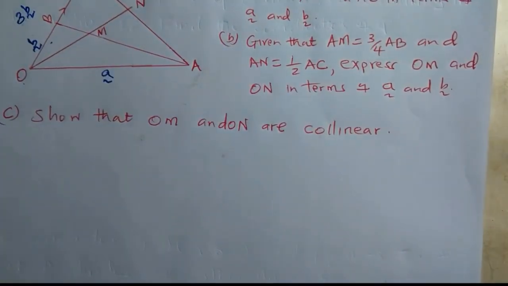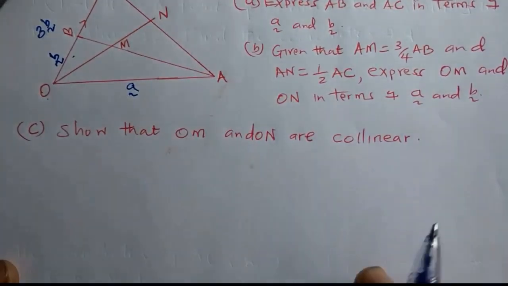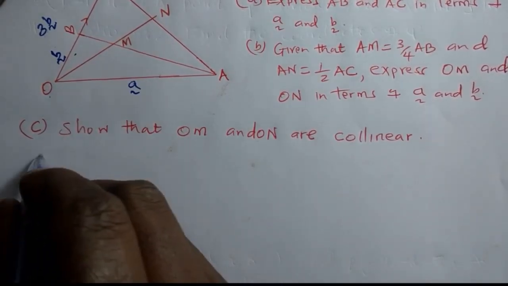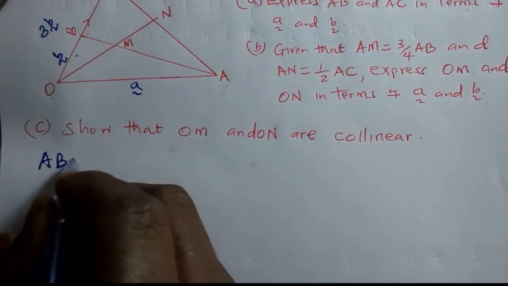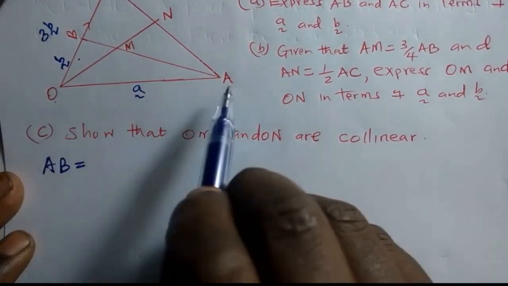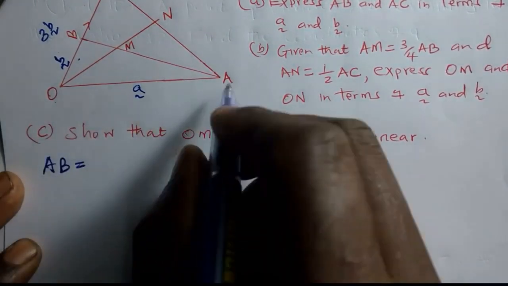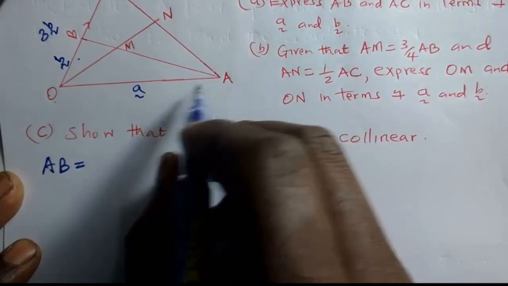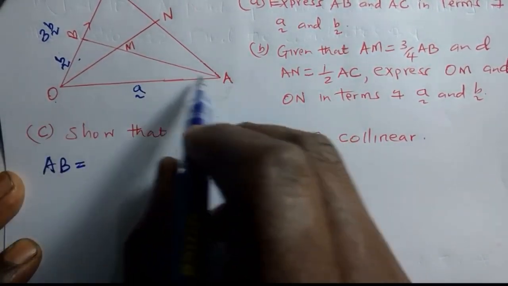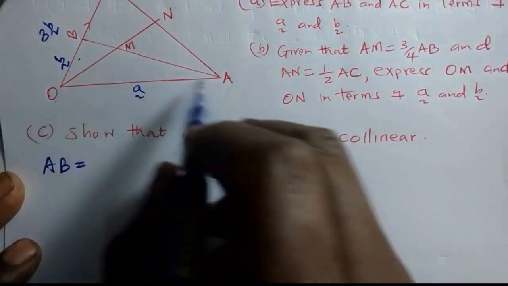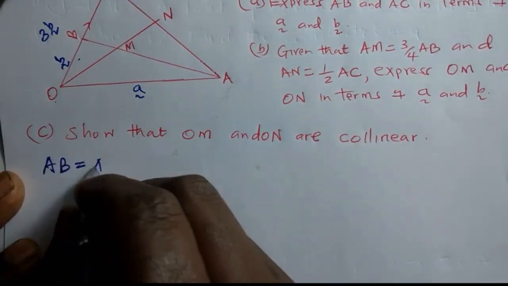So let's start by expressing AB and AC in terms of A and B. We are looking for AB, so it is AO plus OB.